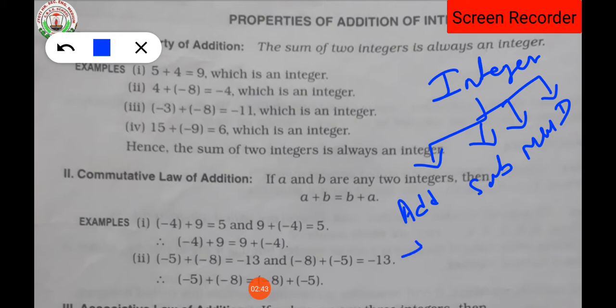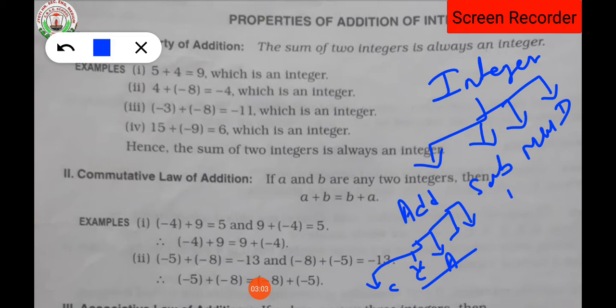Under addition we have closure, commutative, associative, and then additive identity and additive inverse. Like this we have 4 or 5 properties under addition.